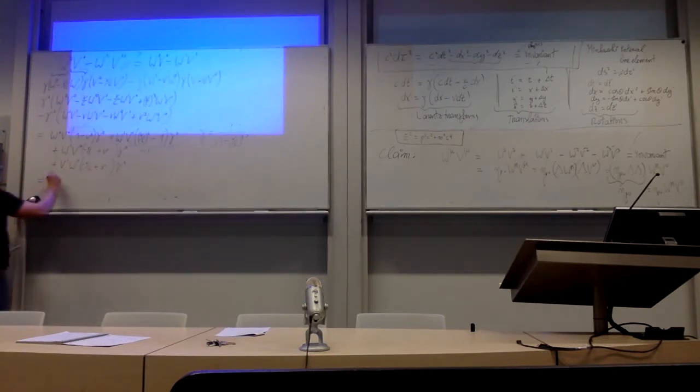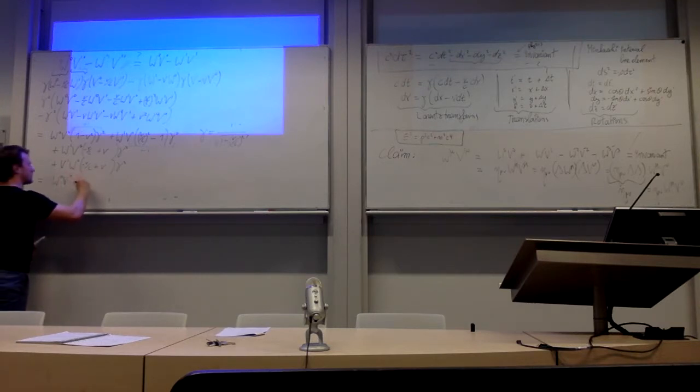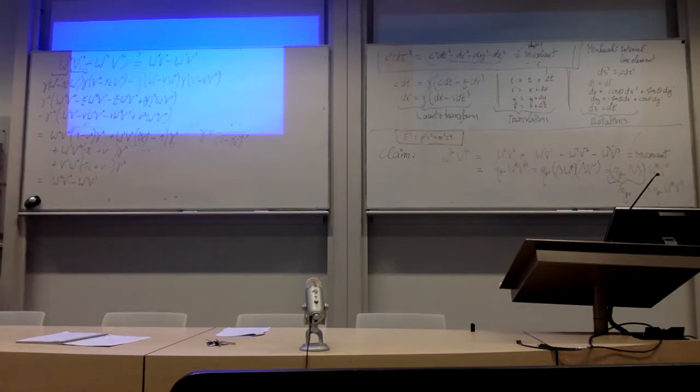So ultimately, if you have gone through the math, you will have found that this is the case. That's this. Which is exactly your starting expression, but now without the primes. Agreed?